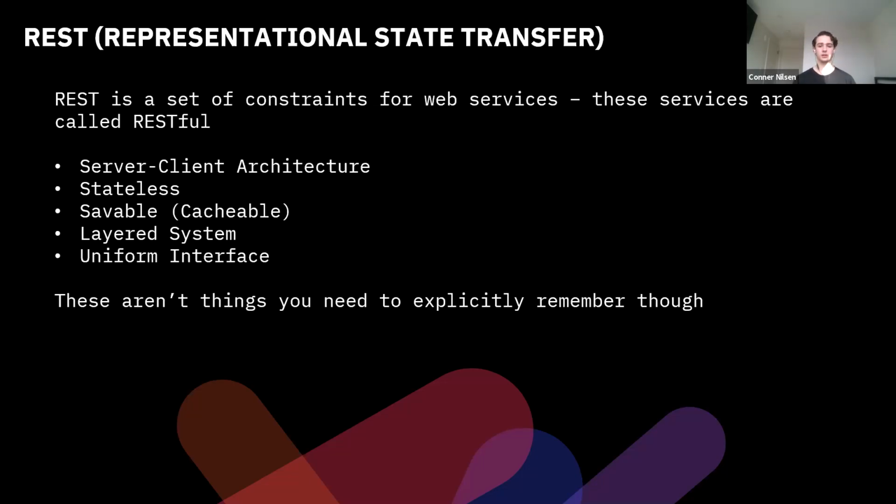We'll be trying to build our servers by following some of those principles, but they're more just guidelines to keep in mind when designing everything. Most servers don't actually follow these rules super strictly. And these are things that you don't have to explicitly remember. Just having that general idea is pretty much all you need.